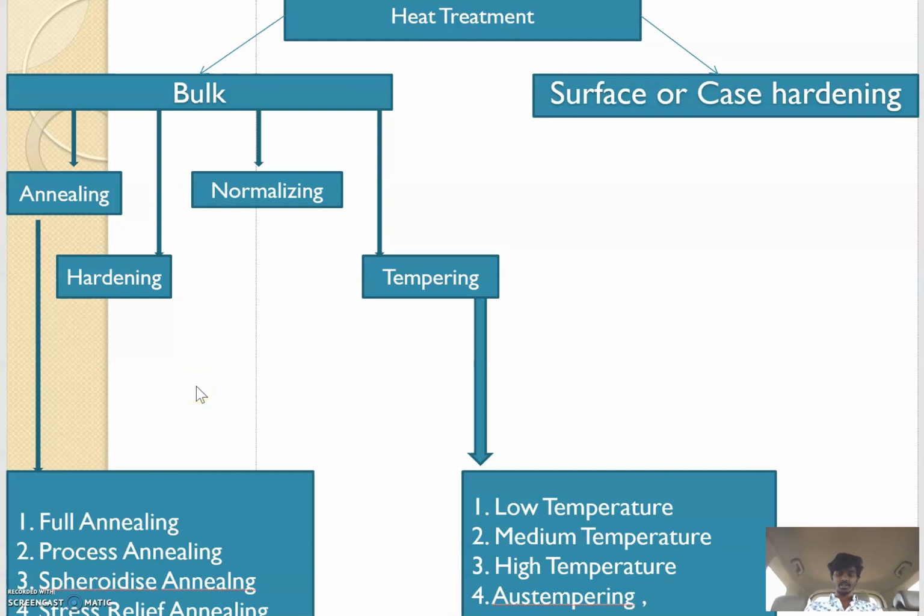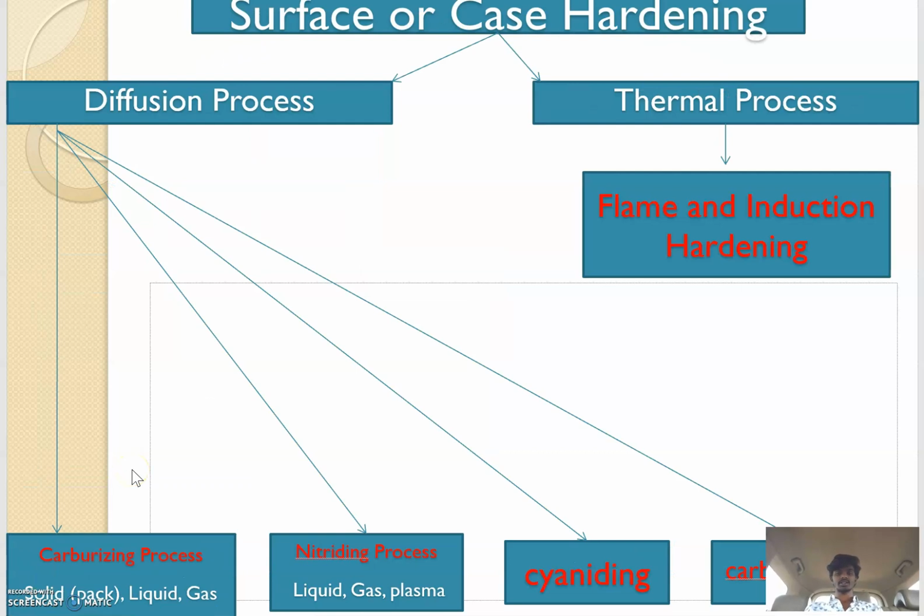And in tempering, we have low temperature, medium temperature, high temperature, and austempering, martempering. Surface or case hardening is divided into two types: diffusion process and thermal process. Diffusion process is divided into four types: carburizing, nitriding, cyaniding, carbonitriding. And thermal process is divided into flame and induction hardening.